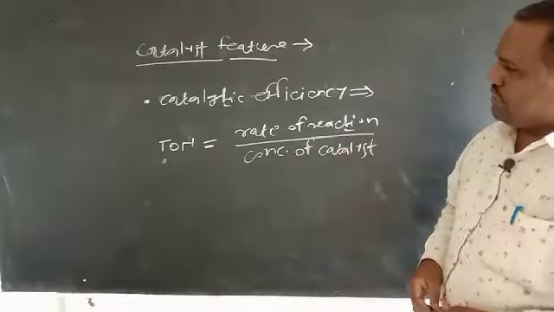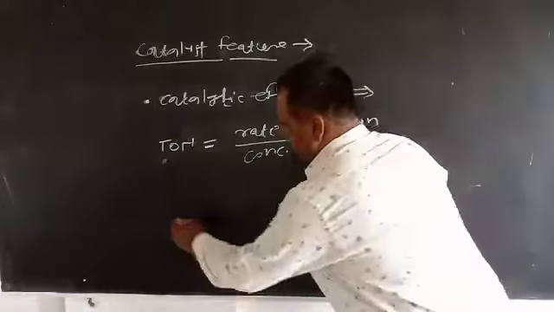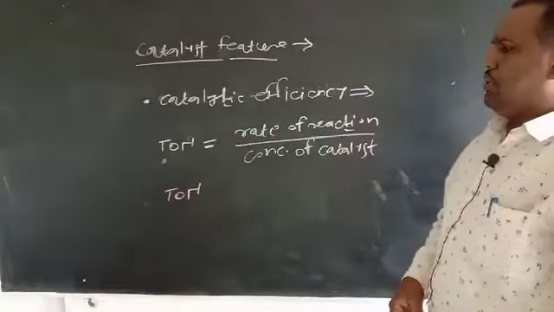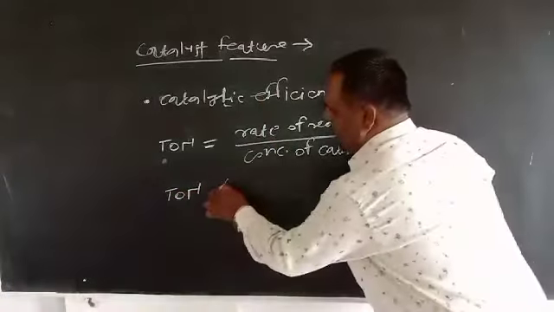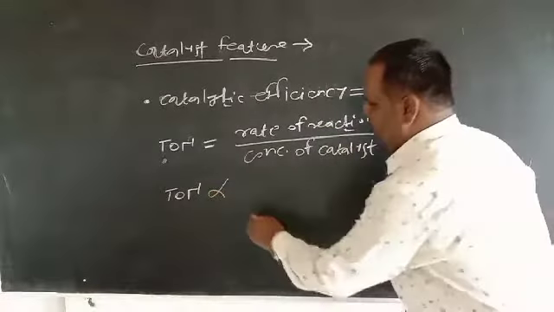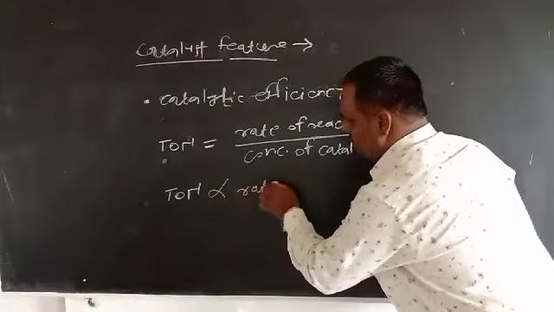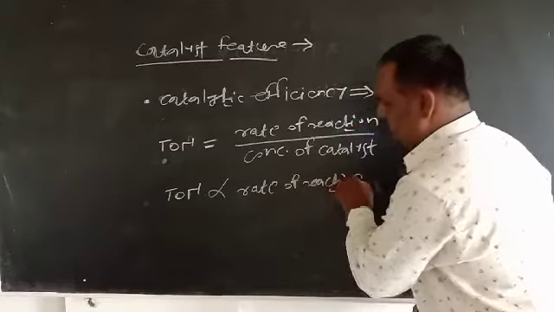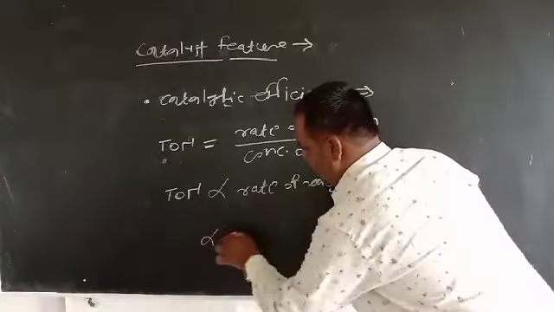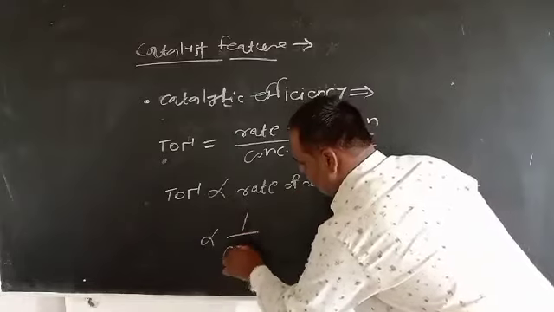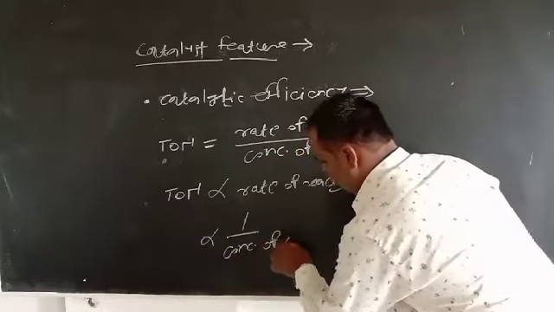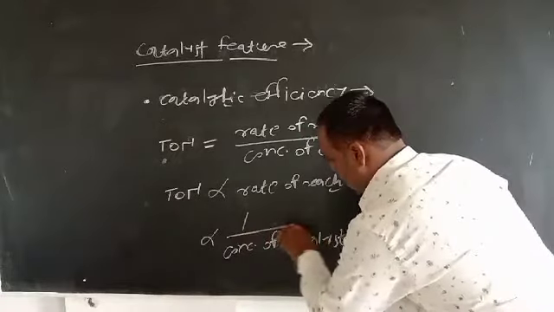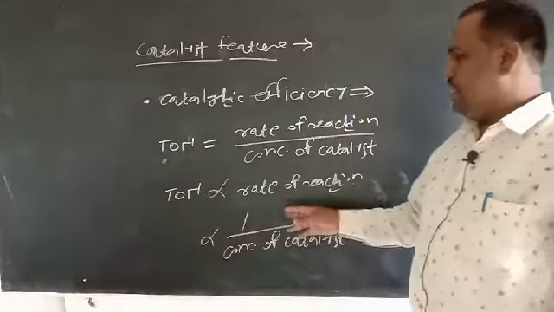From this equation we get that turnover number, or turnover frequency, is directly proportional to the rate of reaction, and it is inversely proportional to the concentration of catalyst. So from this equation we get these two terms.